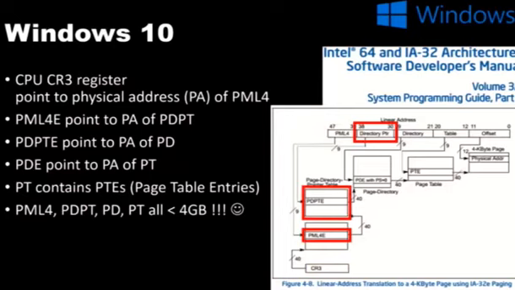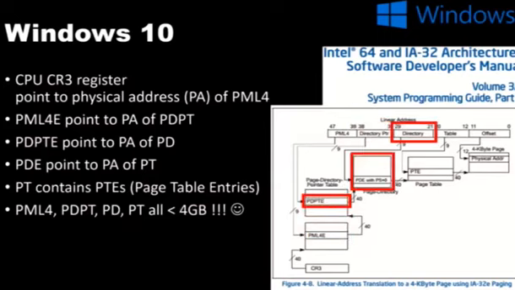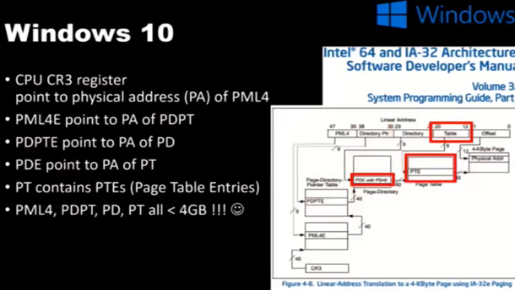In the PML4 entry, you have the physical address of the page directory pointer table. And you take some more bits from the virtual address to point out the entry in that table, which contains the physical address of the page directory. Take some more bits from the virtual address, which point out the entry in that table, which is the physical base address of the page table itself.